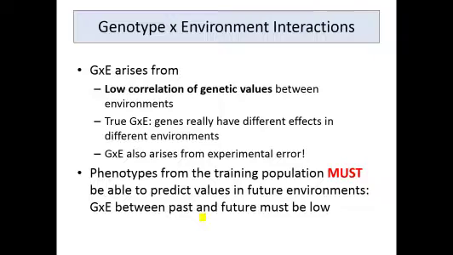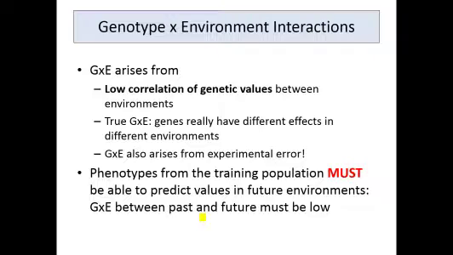Another factor in genomic selection is dealing with genotype-environment interactions. The G/E interactions arise from several sources. One is the low correlation of genetic values between environments. Now, in true genotype-environment interaction, genes really have different effects in different environments. But G/E really is just a statistical thing, and sometimes your G/E simply arises from experimental error.